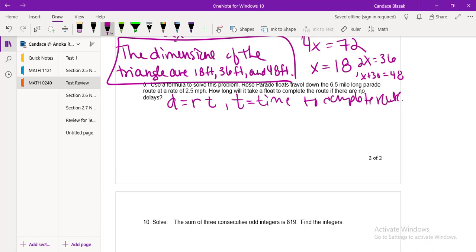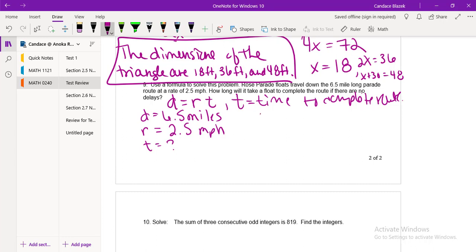All right. Well, when I look at this formula, I know that the distance is equal to 6.5 miles. I know that the rate, the r, is 2.5 miles per hour. And my t I need to find. So I'm going to plug the values into the formula.